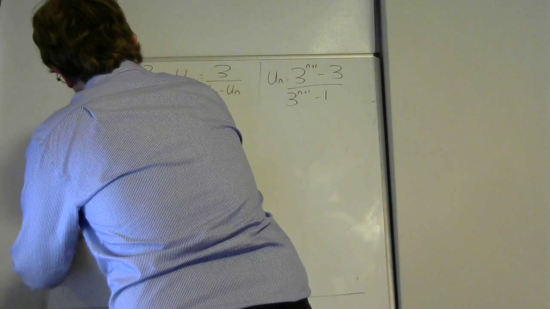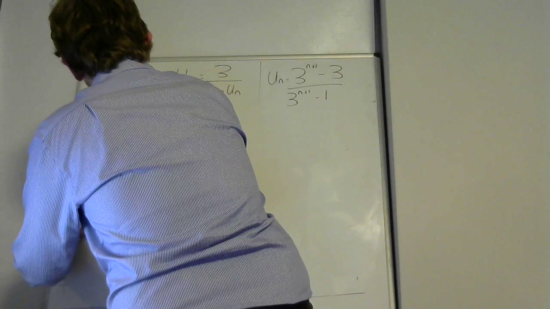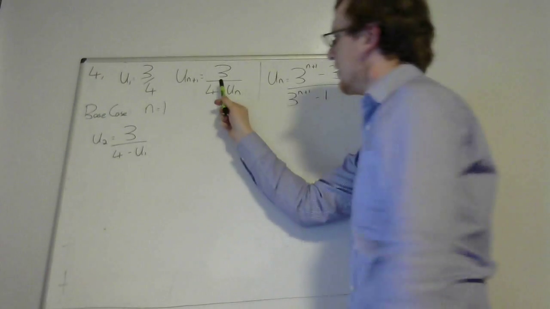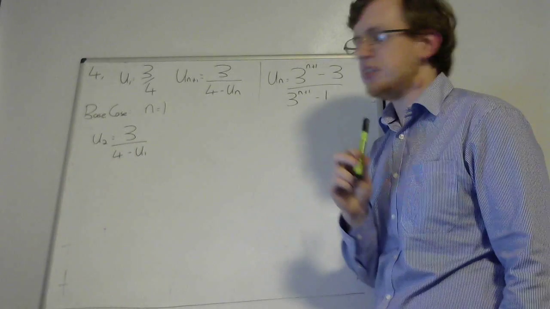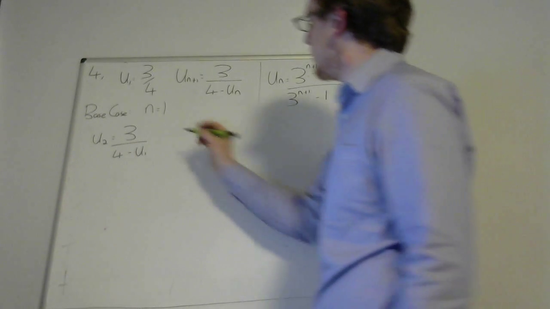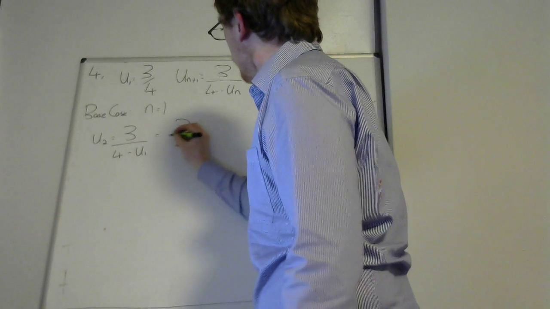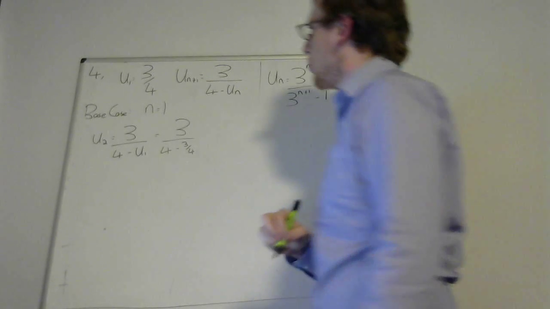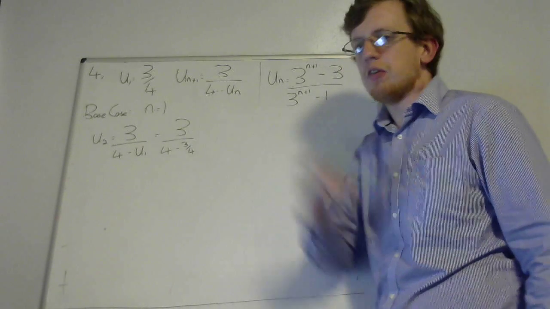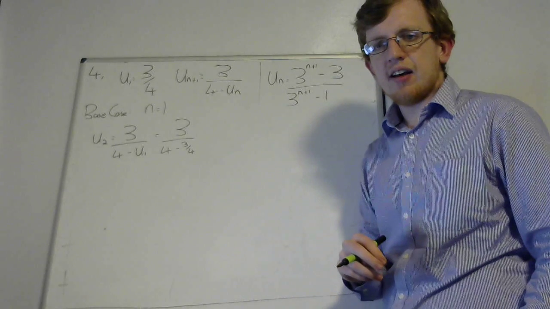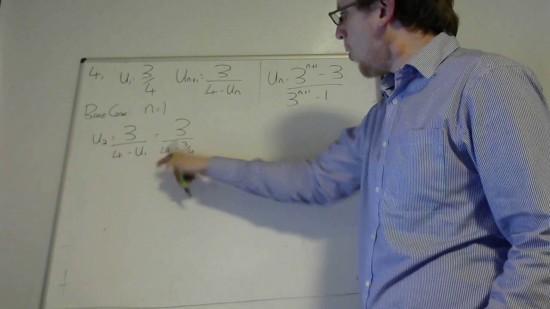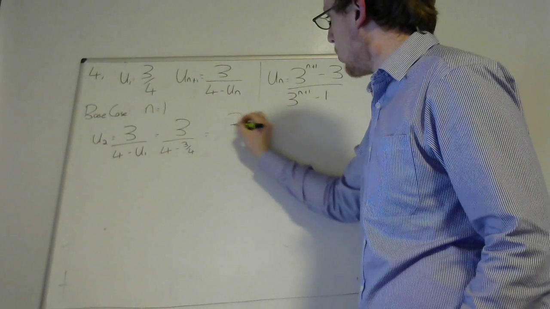So I'll do the left-hand one first. u2 is equal to 3/4 minus u1. So that's using the iterative definition there with n is equal to 1. And that is equal to 3/4 minus 3/4, because the first term is 3/4. Let's simplify that fraction, let's make it look nice. 4 is 16/4.